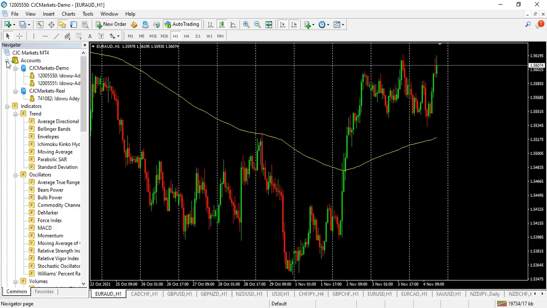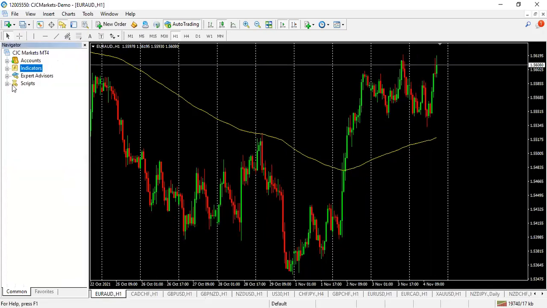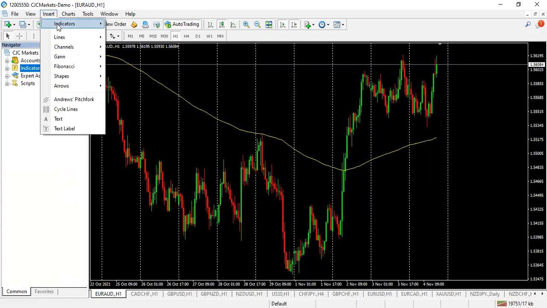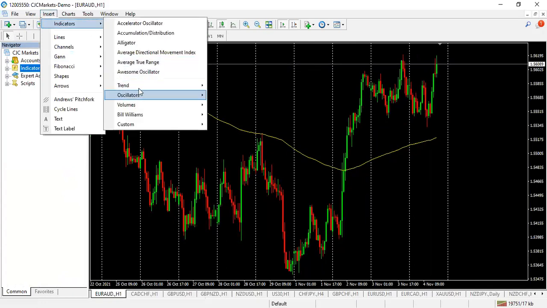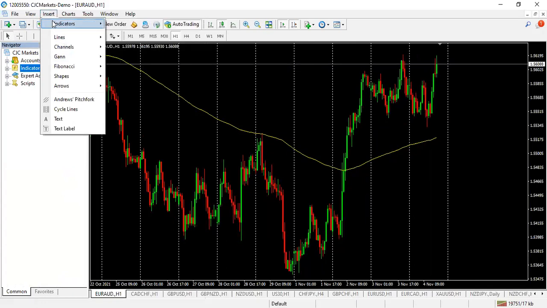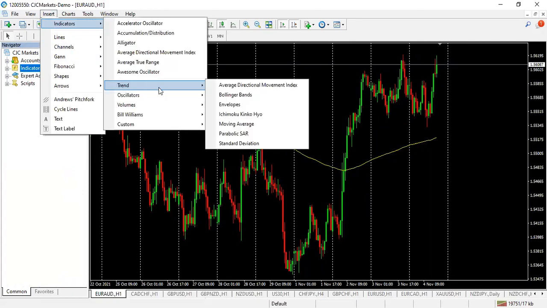Under your navigator, you will see indicators here. Or another way to see it is to come to Insert, then Indicators. Then you see the different types of indicators.